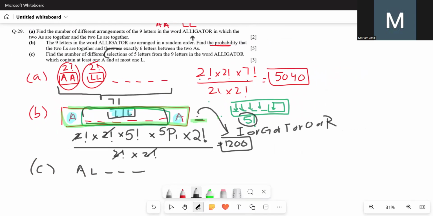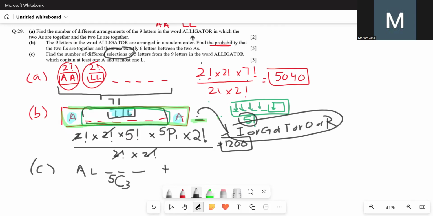Okay, this is a collection question on selections, that means combination. A and L could be 2C2, which is just one, so you don't need to write that. And then we have 5 letters. Sorry, the remaining letters other than A and L are, yes, these 5 letters. So 5 choose 3, so 5C3.